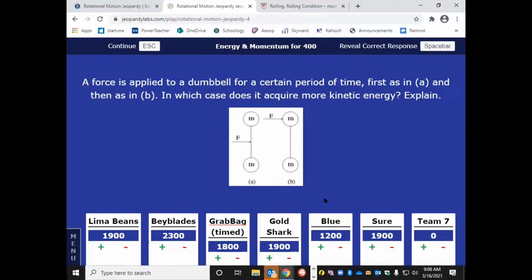Case A or case B? Make sure you have an explanation for this one.